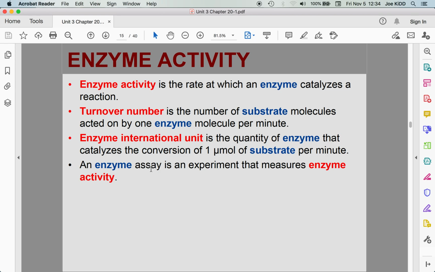There's a concentration of them, but their turnover number would be the same depending on the conditions that are going on. Lastly, you may hear the term assay, an enzymatic assay, and this is simply an experiment that is run in a lab to measure the activity of an enzyme.